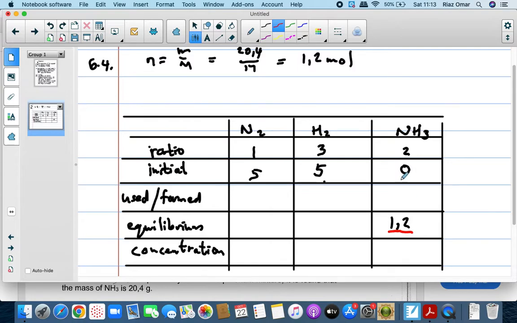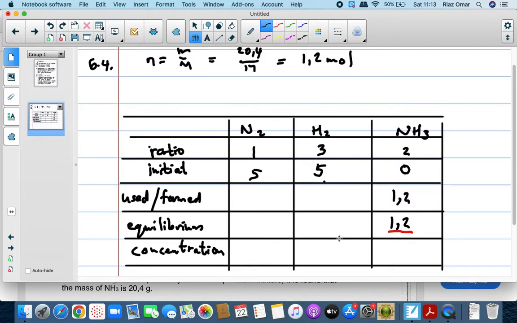There was no ammonia at the beginning and there was 1,2 at equilibrium. So now we know the number of moles of ammonia that were formed: 1,2 moles of ammonia was formed.